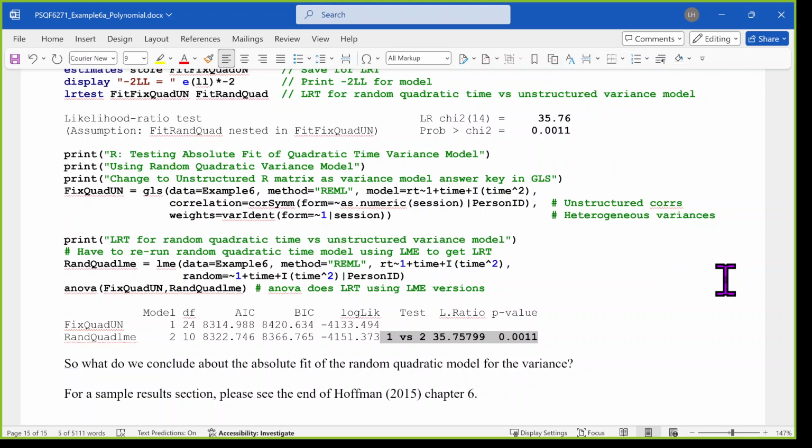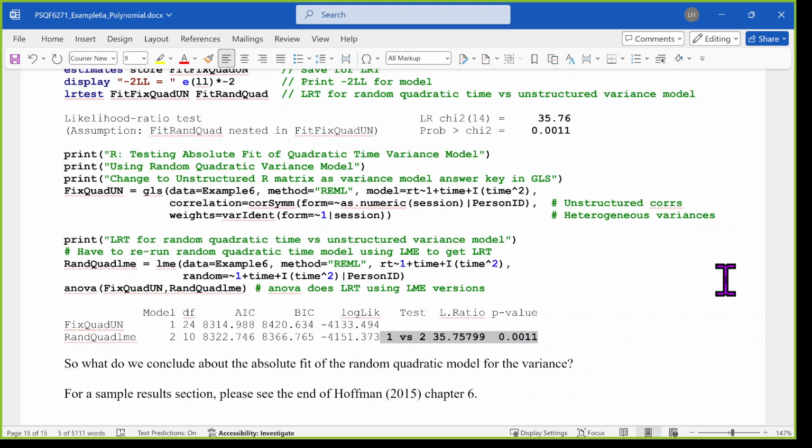So I would say that unstructured fits significantly better, or I would say that random quadratic time fits significantly worse. So 0 for 2 on tests of absolute fit with my polynomial model. Wah, wah. But fortunately for me, I have about 60 more pages of handouts where I can try other ones instead. Yay! But not today, I promise.